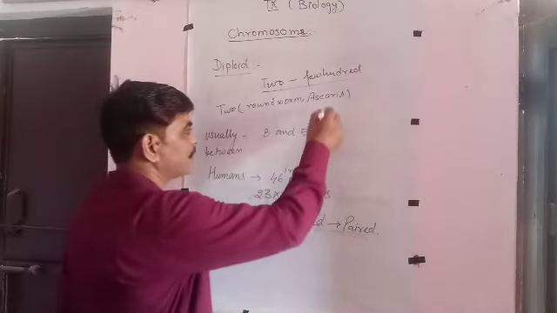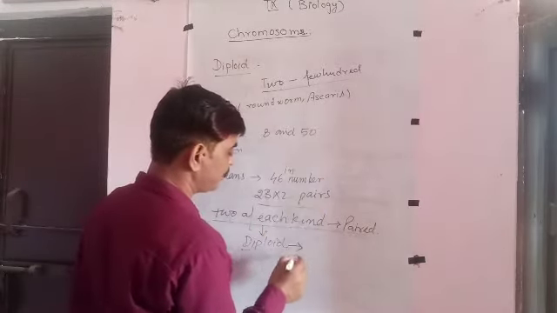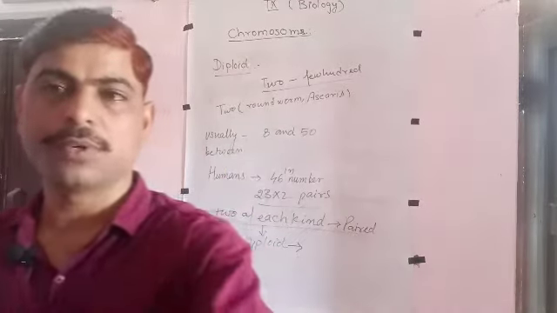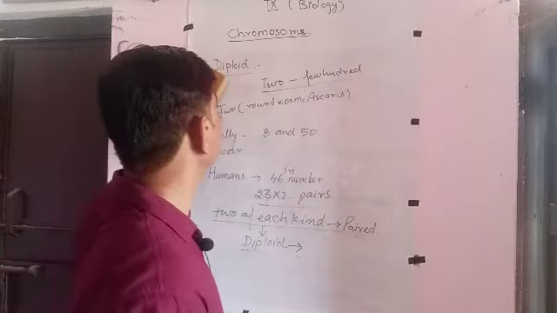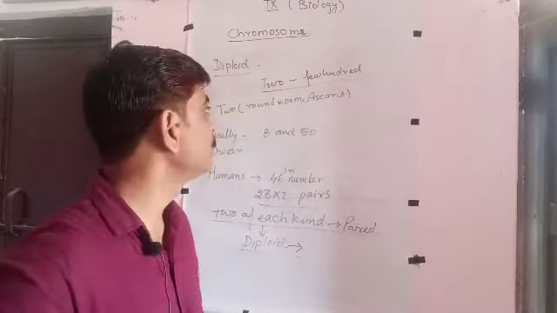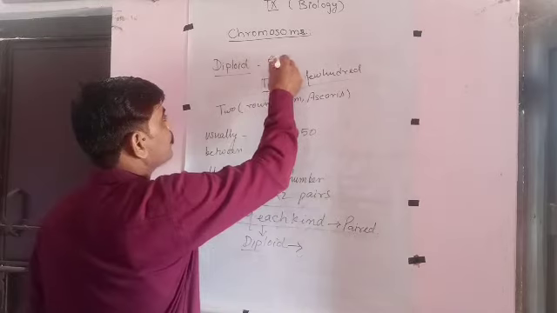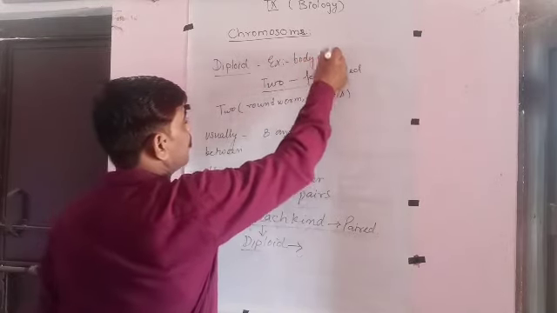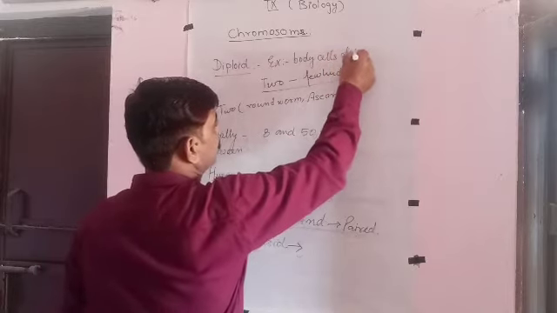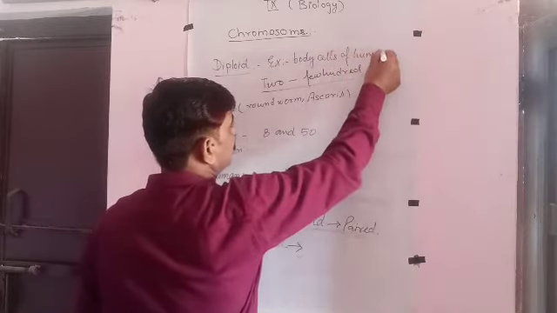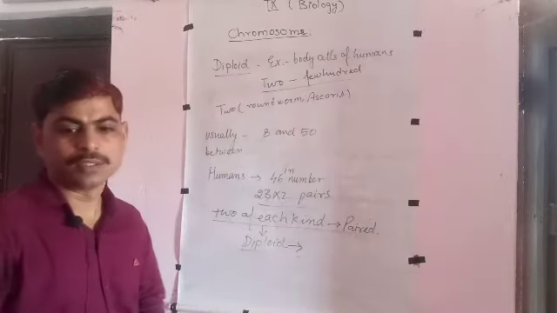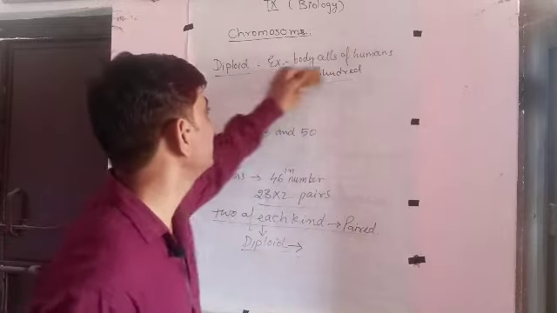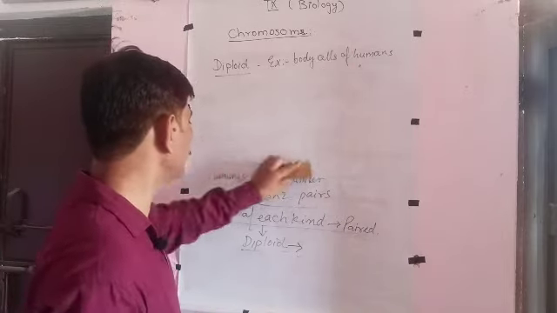But there are certain cases. Diploid number of chromosomes means two of each kind. You can write here the example: body cells of humans will have the complete set of chromosomes, that is 23 pairs.